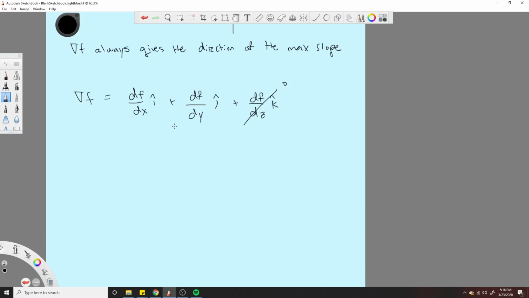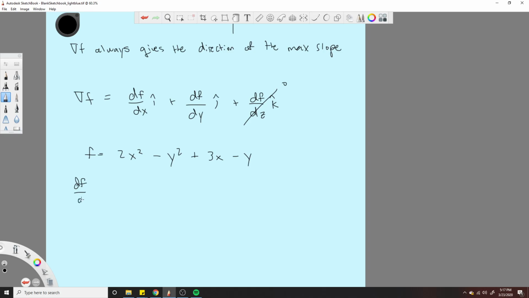I'm going to rewrite the equation down here. All I'm doing is taking the equation above and rewriting it. So if we want this function, we need to find df dx and df dy, and we'll plug them in, and then that'll be it.